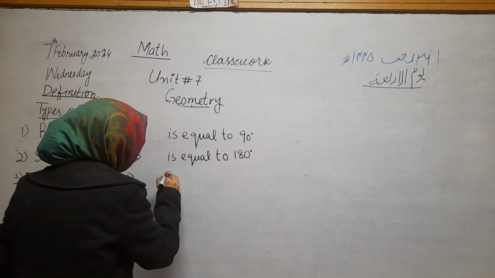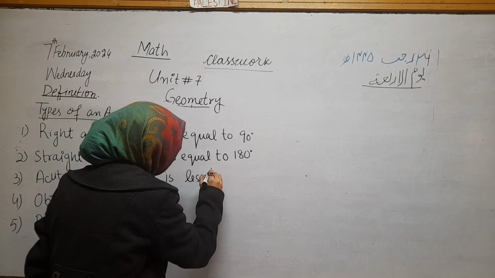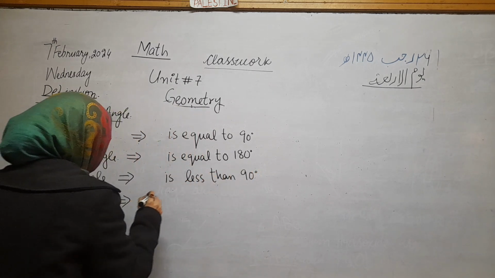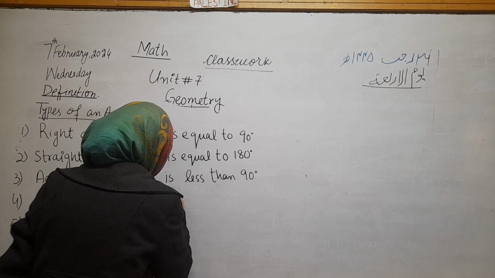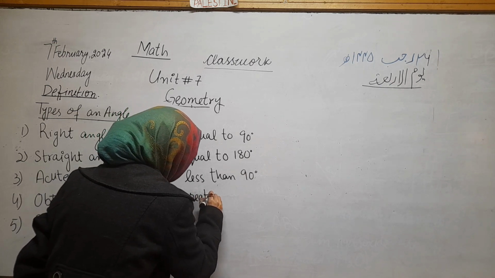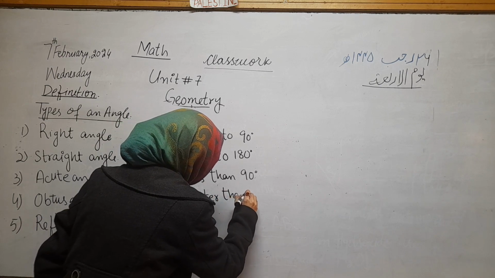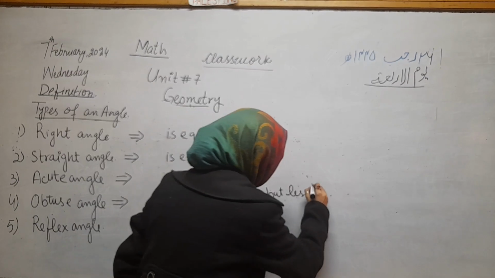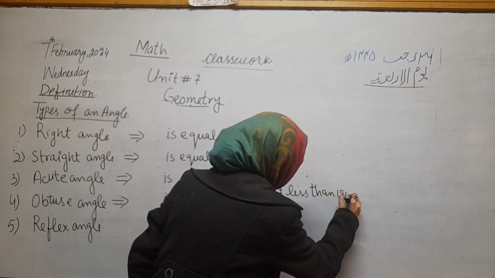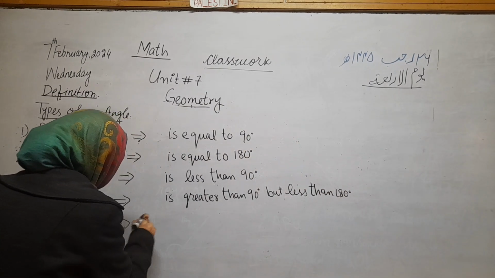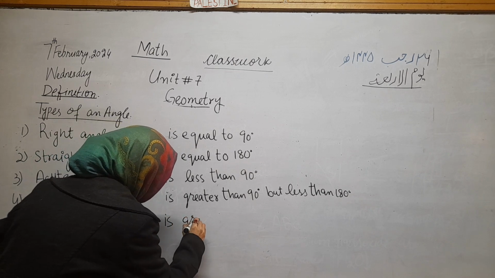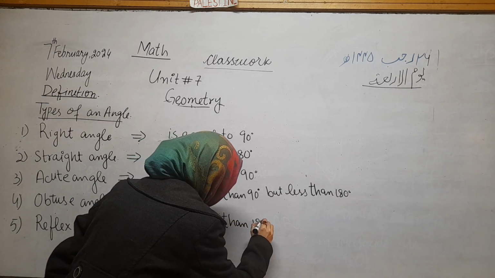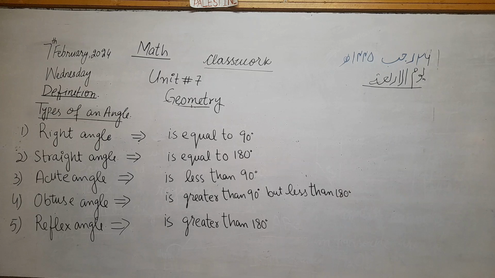Acute angle is less than 90 degree, and obtuse angle is greater than 90 degree but less than 180 degree, and the reflex angle is greater than 180 degree. So this is your today's lesson class.